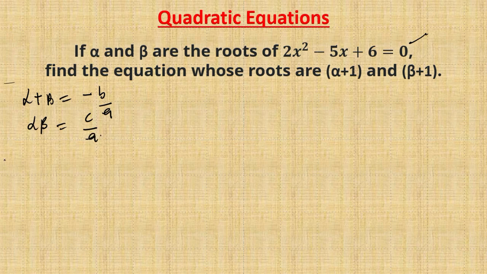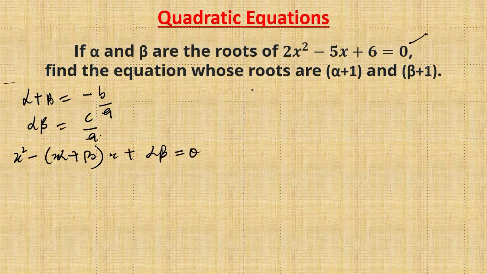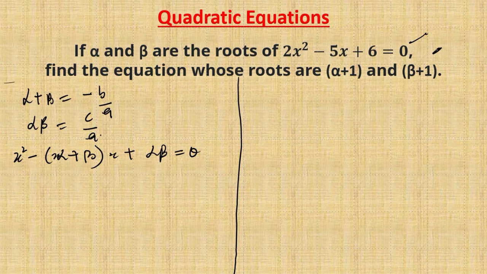And we also know that I can form a quadratic equation from the roots of that equation, so that I'll have it as x squared minus (alpha plus beta)x plus alpha beta equals 0. These are basics that we must know to work on this example.